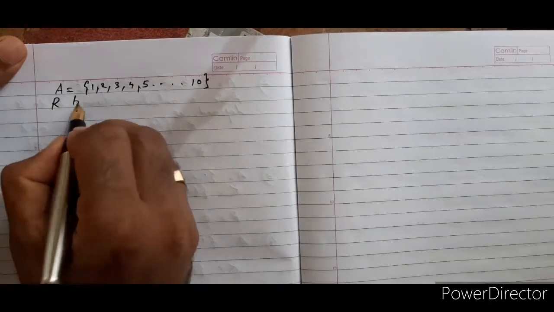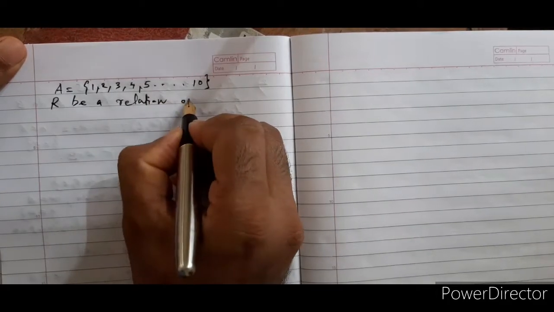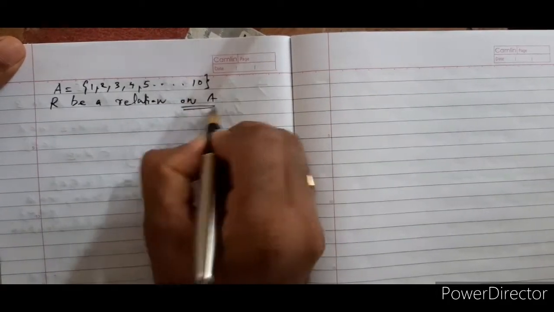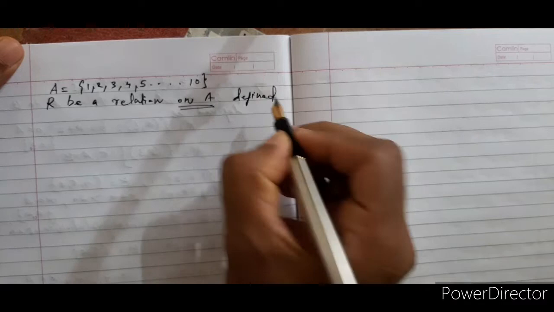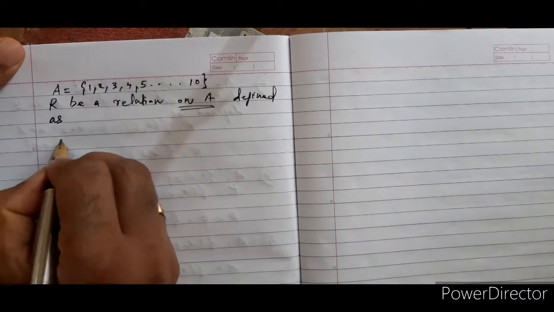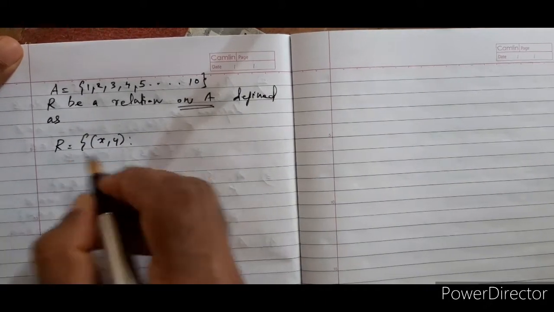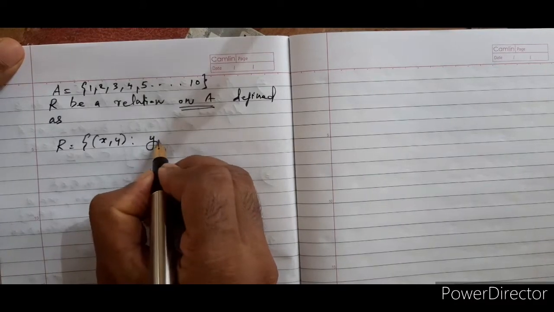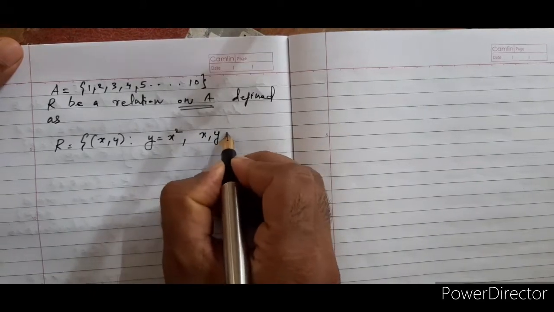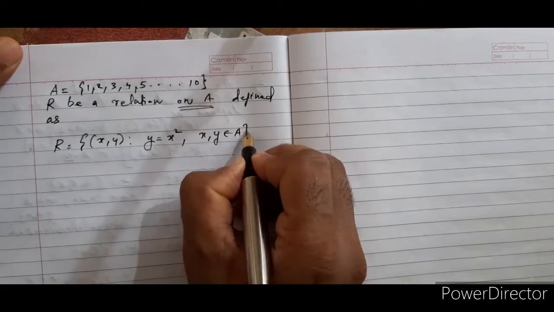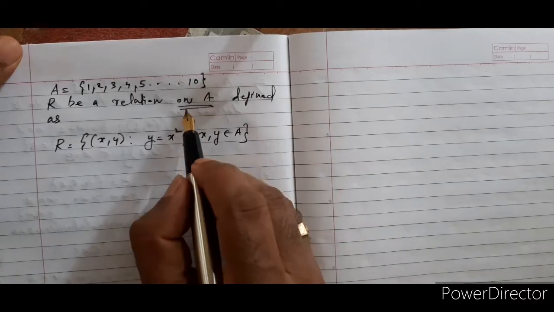Let R be a relation on A. Relation on A means relation from A to A. Defined as R equal to set of all (x, y) such that y equal to x square, where (x, y) belongs to A, because there is only one set. And once again, relation on A means relation from A to A.